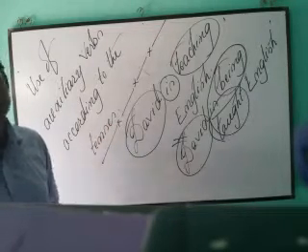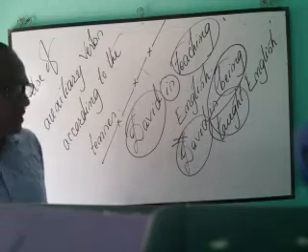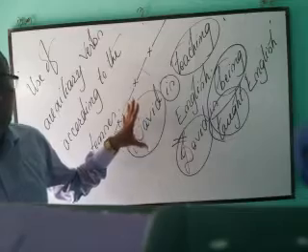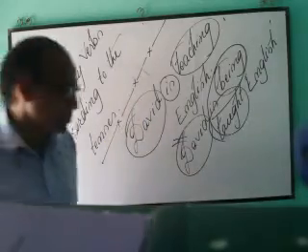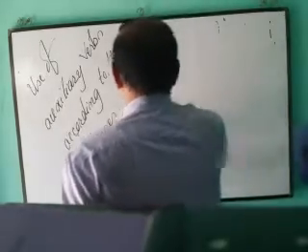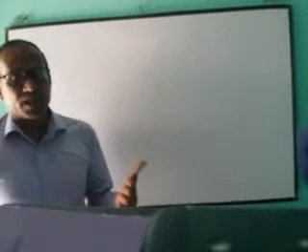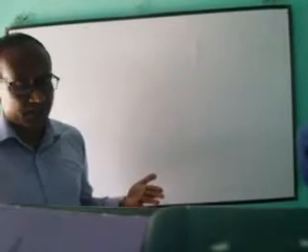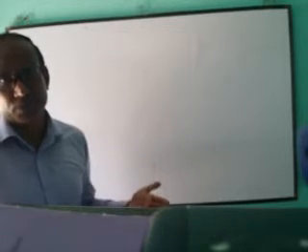Now I think it is clear to all of you, but I will give some more examples how to use auxiliary verbs in the passive voice. There are as many as 27, in some cases 29 auxiliary verbs, but I will say there are more than 29 auxiliary verbs.